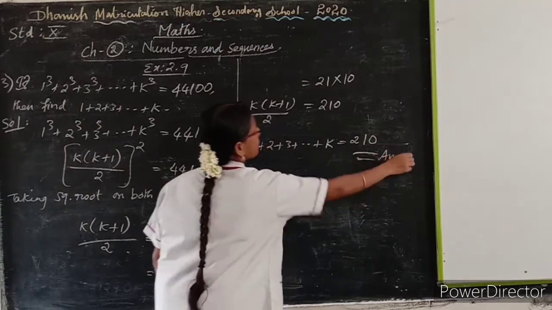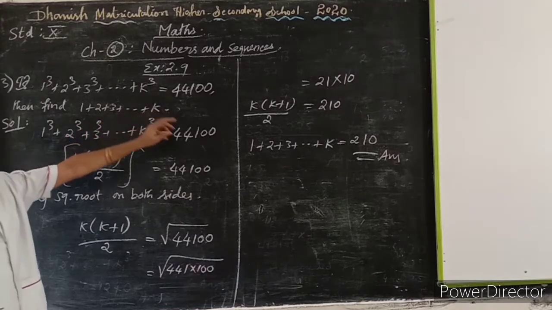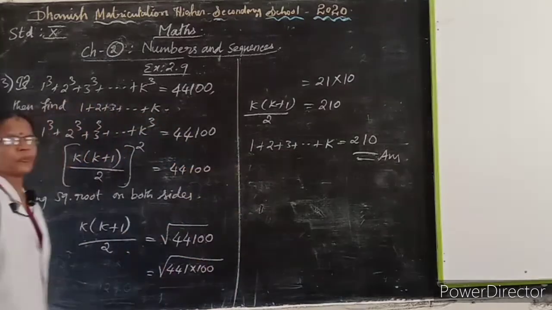This is our required answer. The question was 1 plus 2 plus 3 plus etc. up to k, that is 210.